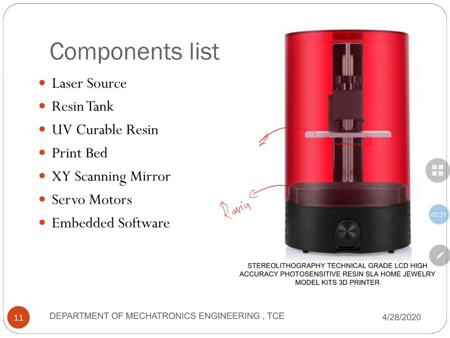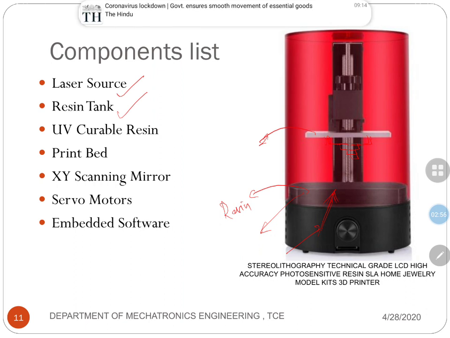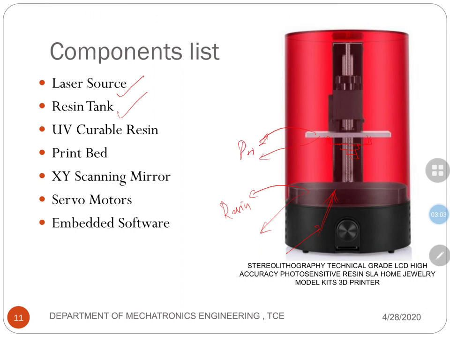The UV rays or laser source will be given from this direction. As you can see, the major components are a laser source, resin tank, UV curable resin, and print bed.